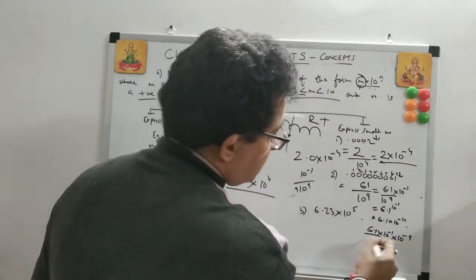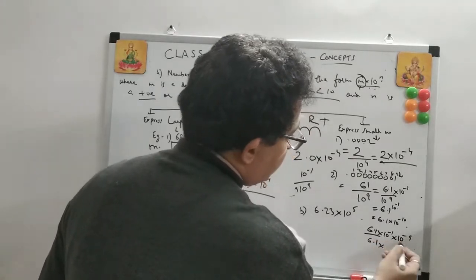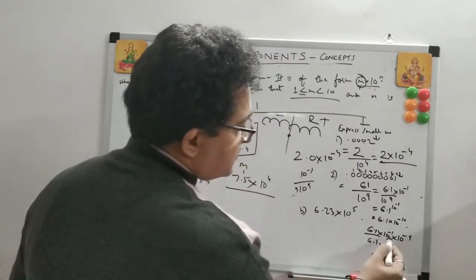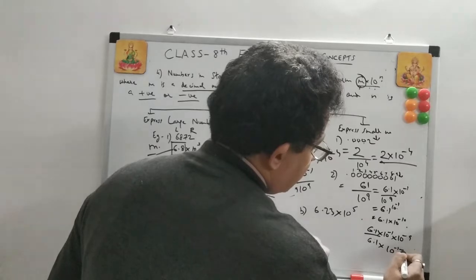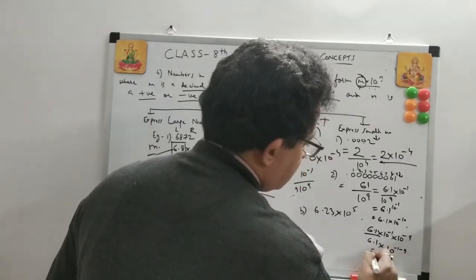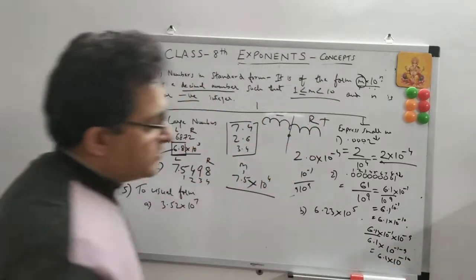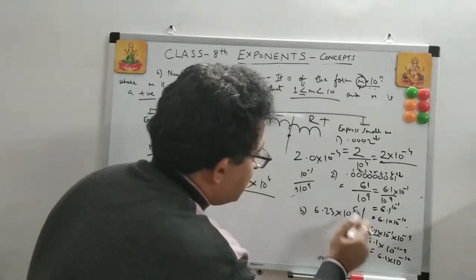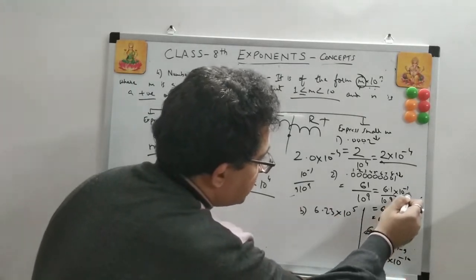So this is multiplication, so the exponents are added: minus 1 plus minus 9, same thing. 6.1 into 10 to the power minus 10, same thing, right? It's all the same. Here you can also apply the multiplication rule. Here I have directly done the division one.